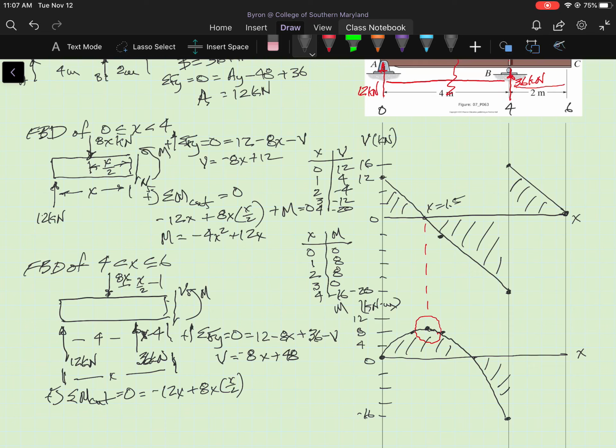That's the resultant of the distributed load acting at the center of the segment, its moment about the cut, minus 36 times its distance from the cut, which is x minus 4, plus m.